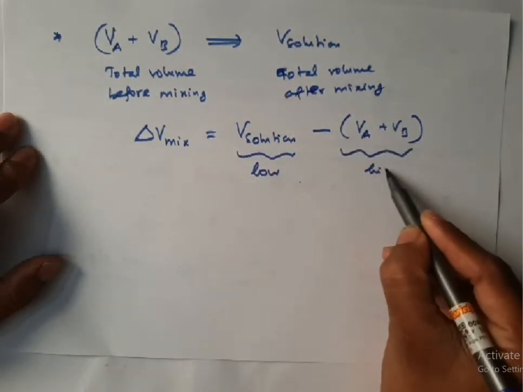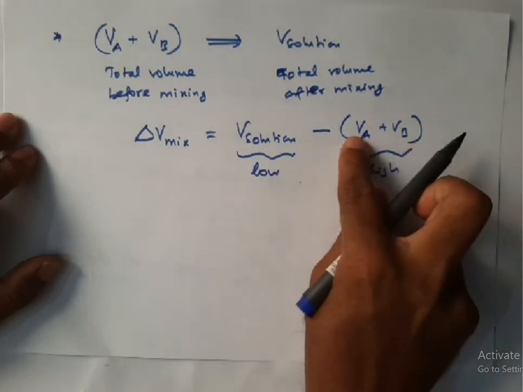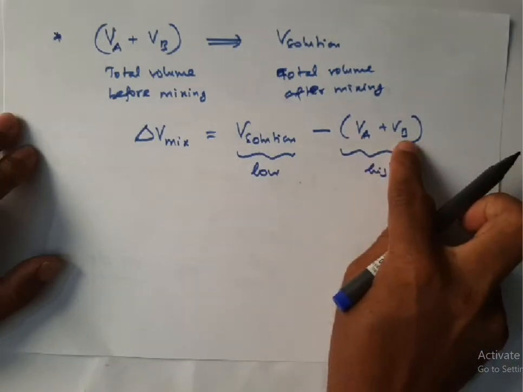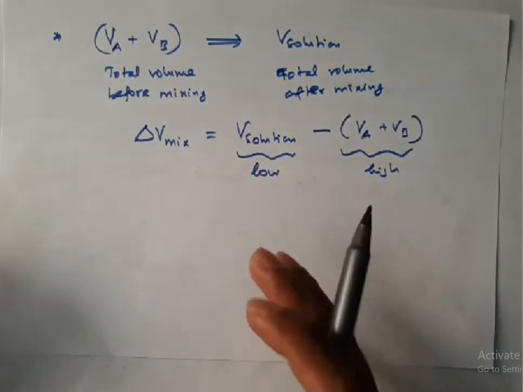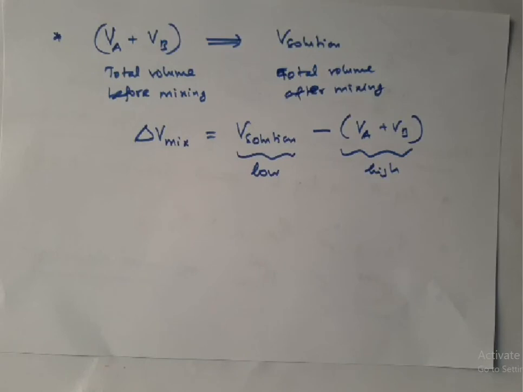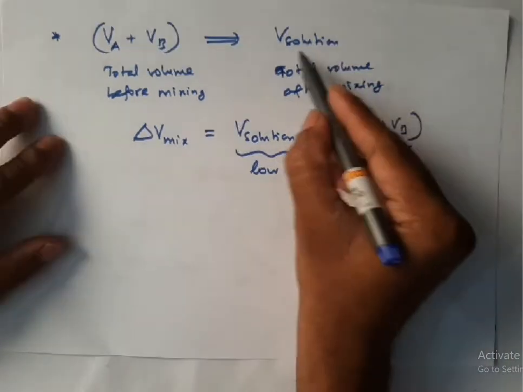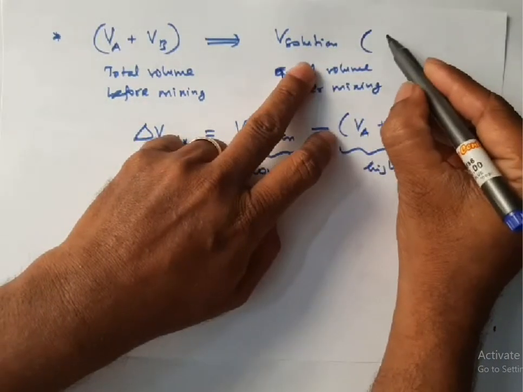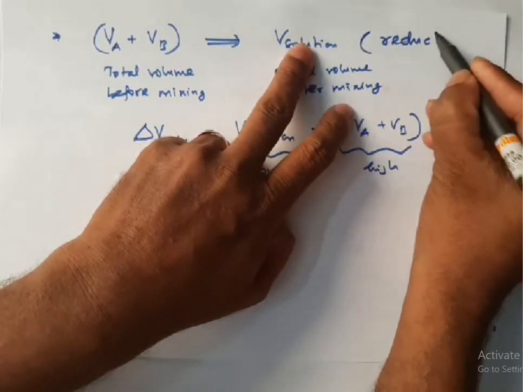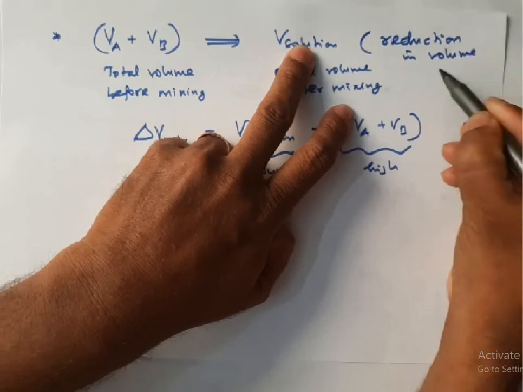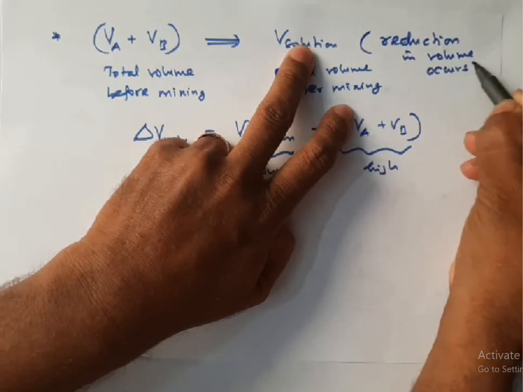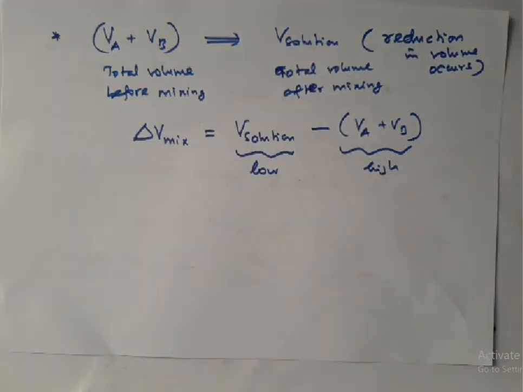Why is this high? Because here we are taking AA and BB attraction separately. But when you mix them, the AB attraction is very strong, therefore the molecules come closer and closer. So the total volume reduces; reduction in volume occurs due to the strong force of attraction between AB.